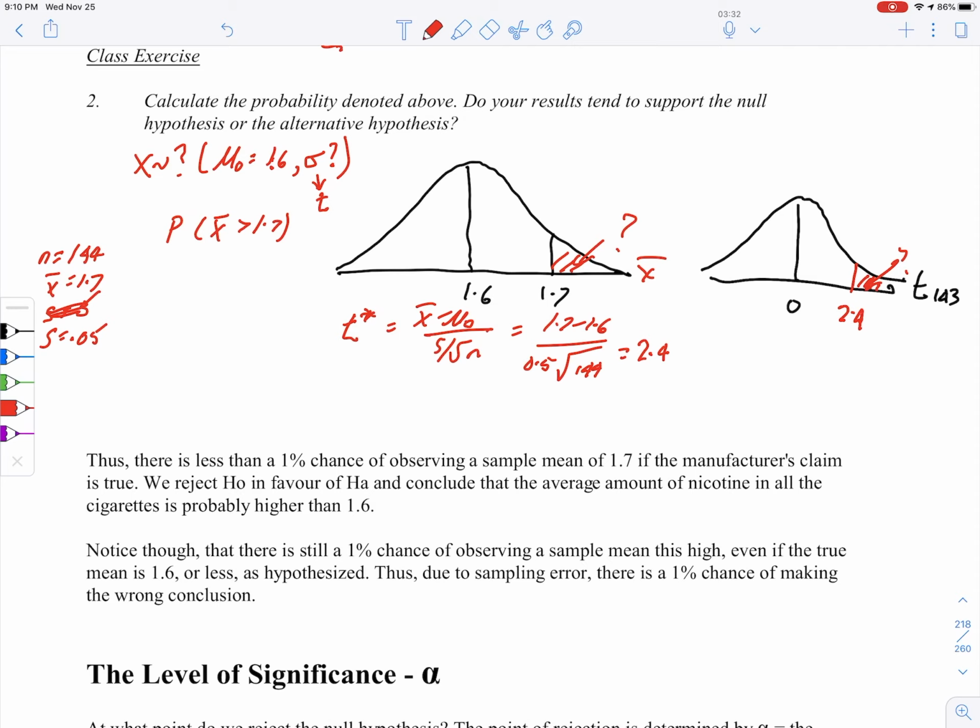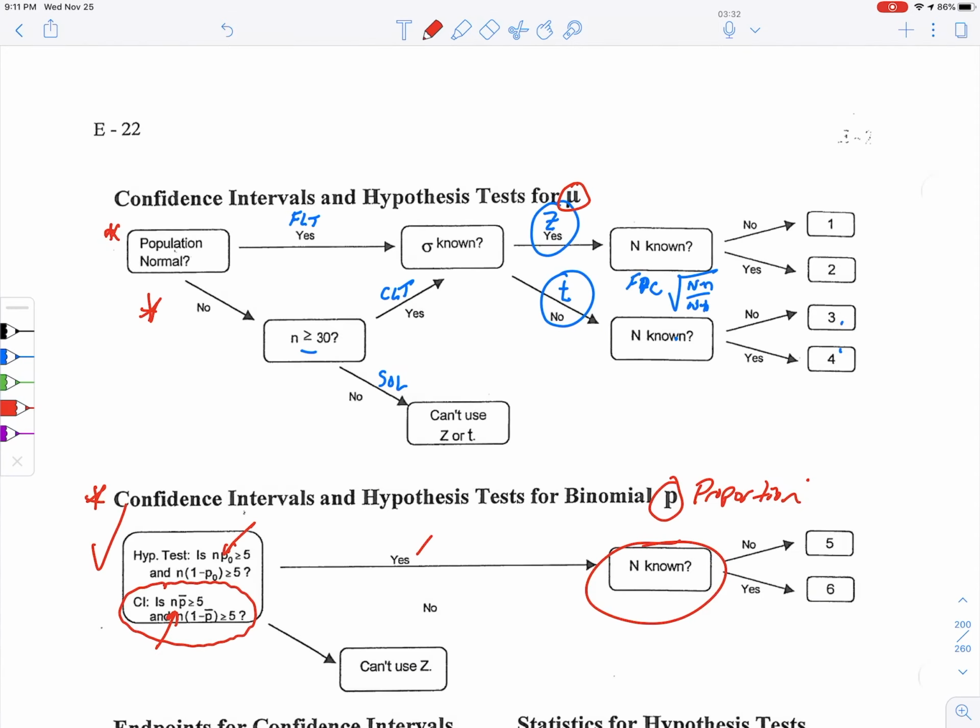And so we're going to look that up on a t-table. Actually, while we're here, let's take a look at which formula we use. Was the population normal? Didn't say so. So we come down here. Is n at least 30? Yeah, it was 144. So we go up here.